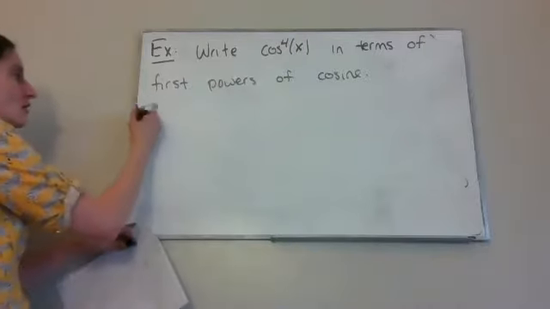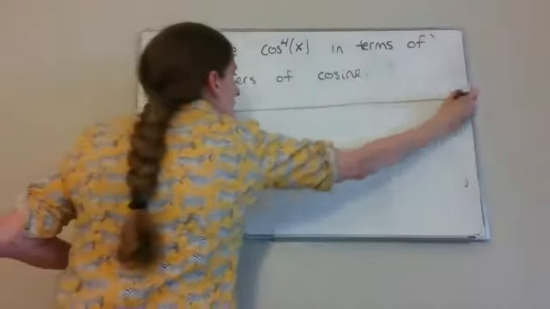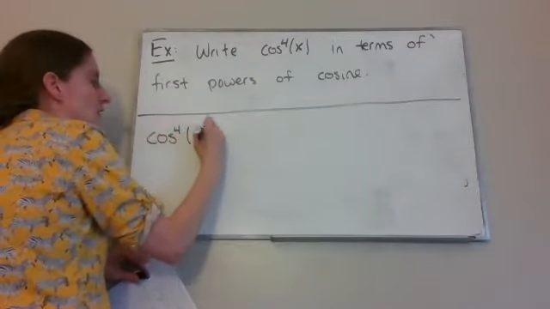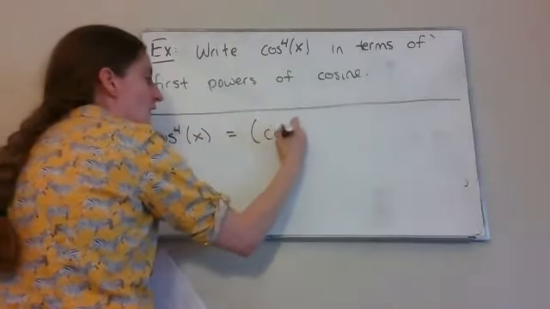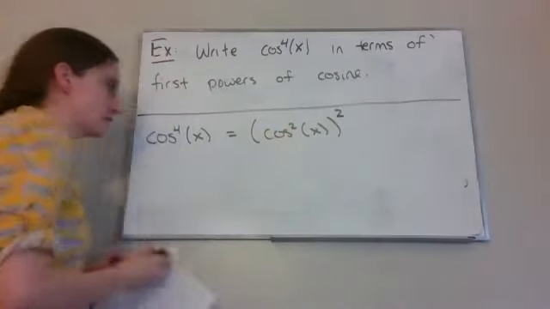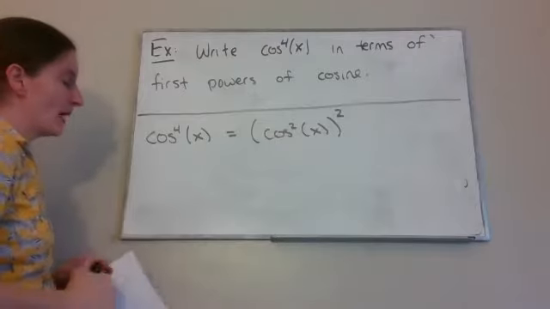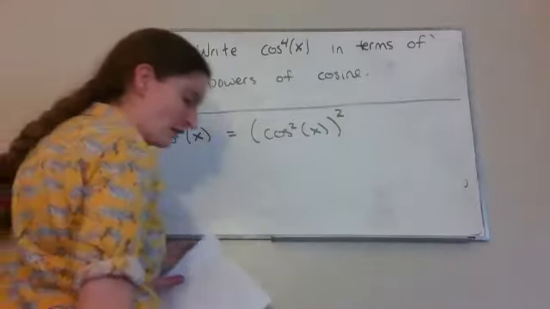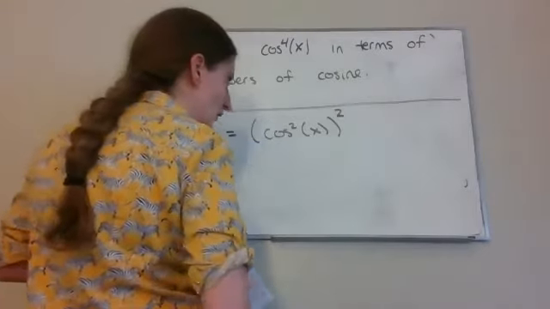So the first thing I would do is rewrite cosine to the 4th as cosine squared, squared. Now using my power reducing formula that we just learned, I can replace that cosine squared with an equivalent statement.